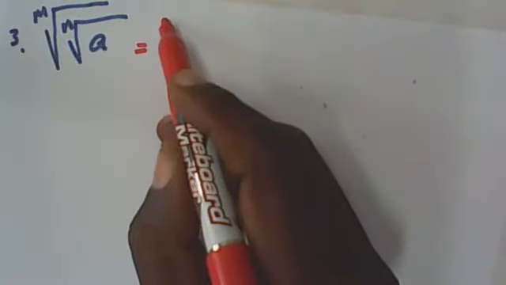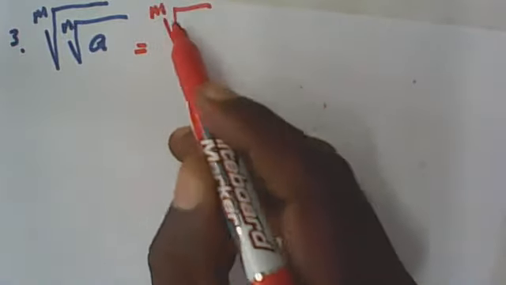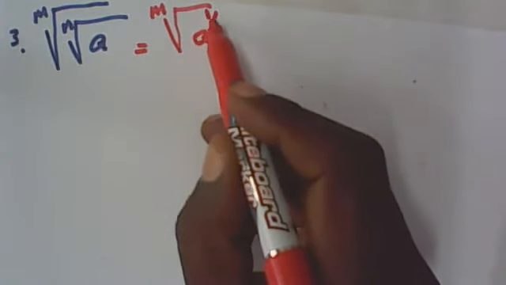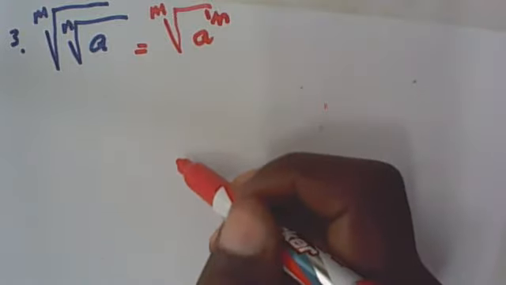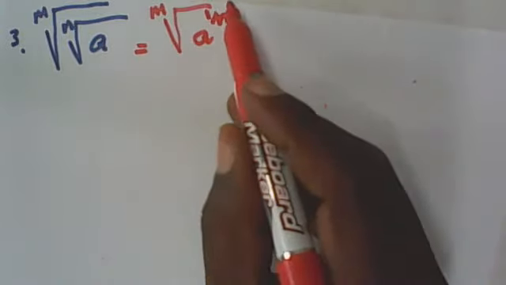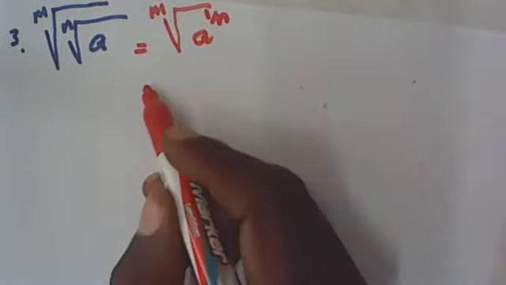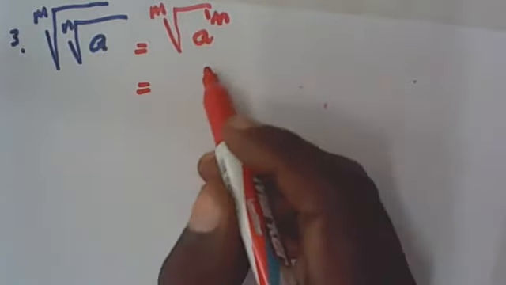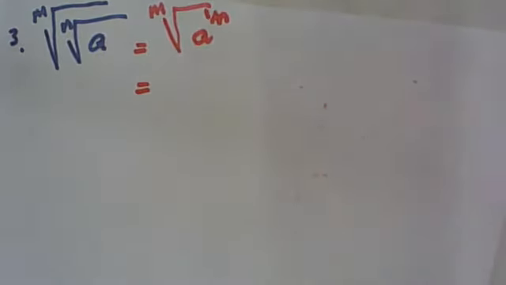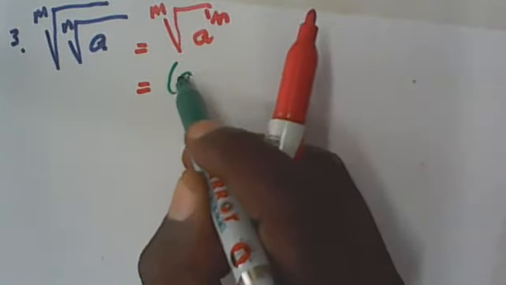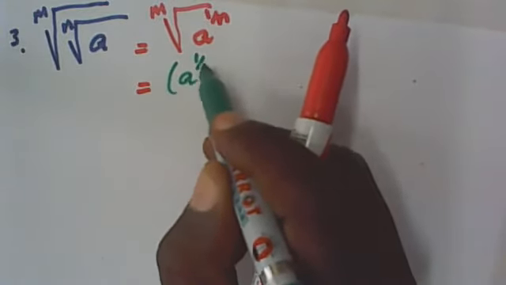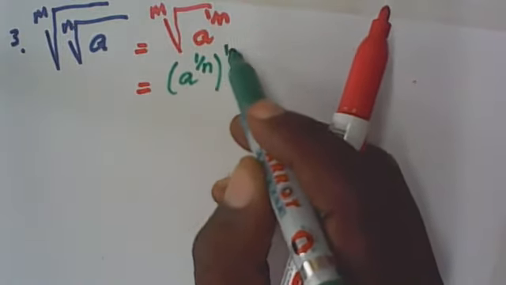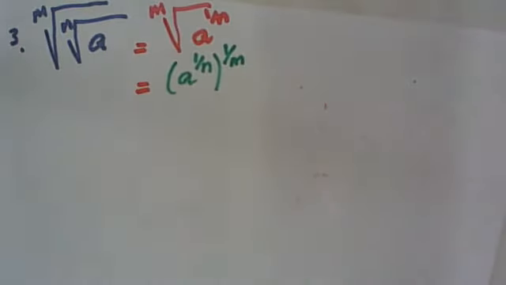You start first with the mth root of, now what is this? This is a to the power 1 over n. And then find the nth root of that, and this is equal to a to the power 1 over n all to the power 1 over m.